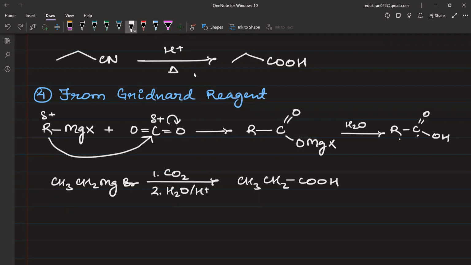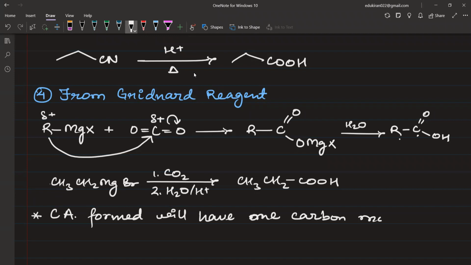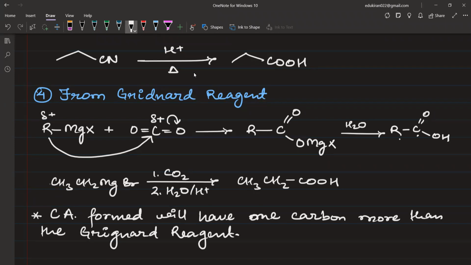Just one more carbon atom. Please write: the carboxylic acid formed will have one carbon more than the Grignard reagent.